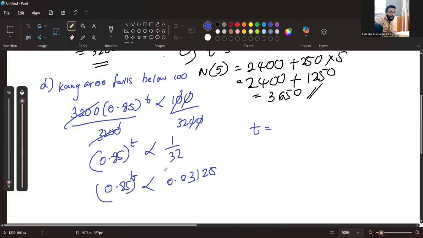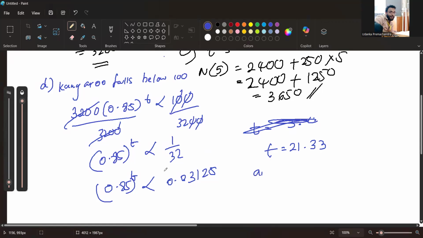T is equal to, sorry, not negative, T equals 21.33.